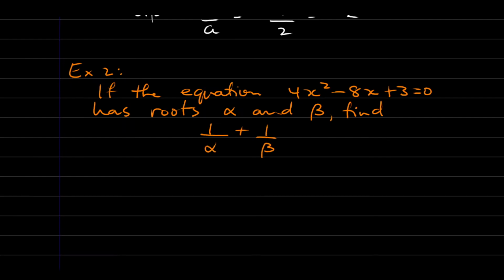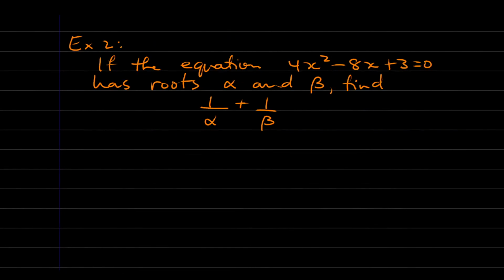Now you can go about finding the roots and then find 1 over alpha and 1 over beta, but let's do it the other way, which is to assume the roots.